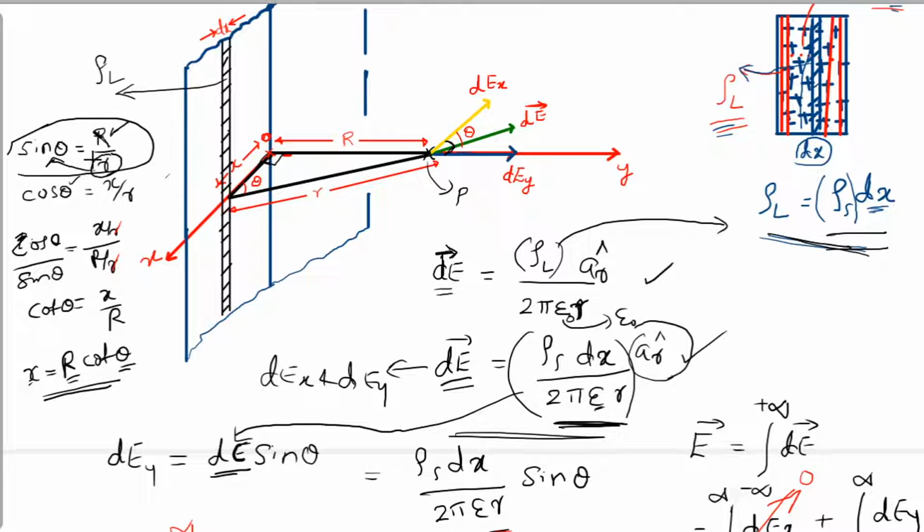So small r equals capital R by sin theta, which is R into 1 by sin theta. What is 1 by sin theta? Cosec theta. So I can write small r equal to capital R cosec theta. Is this fine? So from the geometry I find that x is R cot theta and r is R cosec theta.